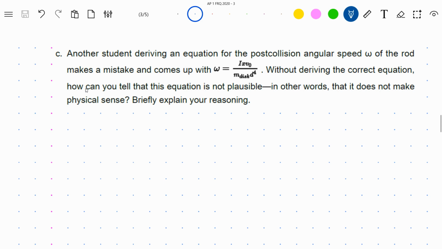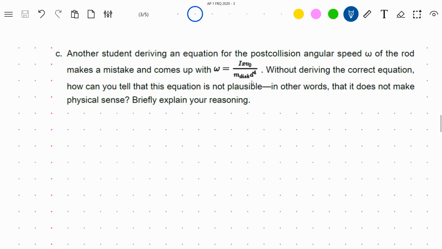So without deriving an equation, how can you tell that this equation is not plausible? In other words, that it does not make physical sense. And I want to stress physical sense here. I do recall a time when there was a bit of question about what that exactly means. I'm going to suggest that the stress here on physical sense would be trying to take us away from just the world of pure mathematics. So for example, imagine somebody went in here and said, I'm going to perform a dimensional analysis of this.